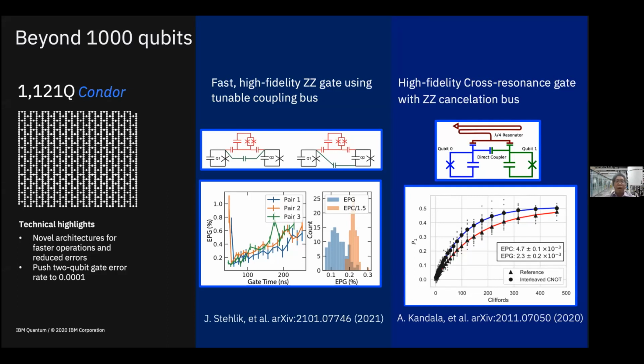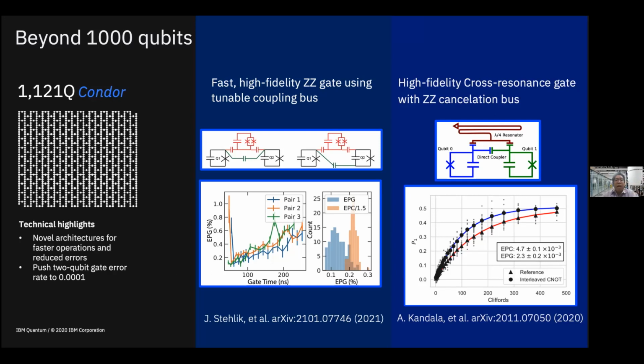But along with that, what we want to be able to do is also drive the quality piece, right? And the big part of how we do both of these in parallel is while we are doing the scale up, we're also looking at novel types of gates. And so it's a key thing to get down to 10 to the minus 4 2-qubit gates, and a big part of that will be looking at novel coupling architectures.